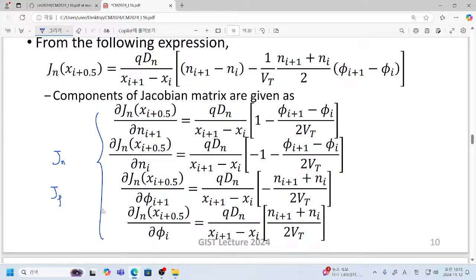So this is not where you make mistakes. Frequent mistakes can be made when you generate the Jacobian matrix or when you make the residue. And please note that the Jacobian matrix and residue vector should be consistent. If they are not consistent, then there will be a convergence problem.